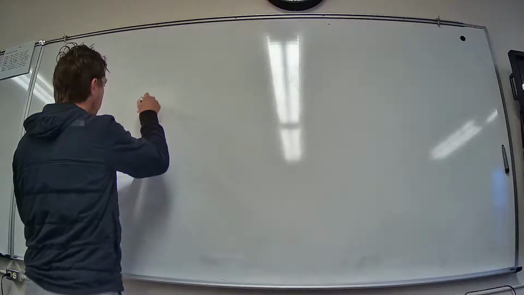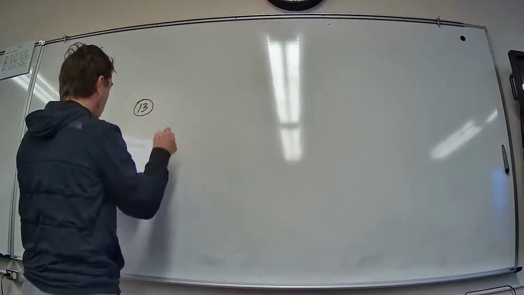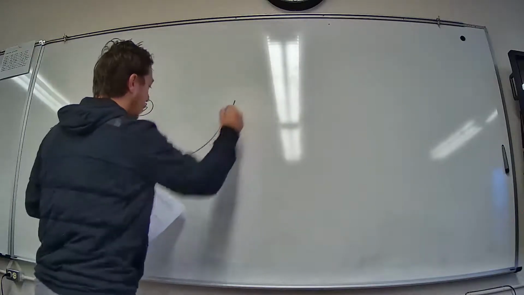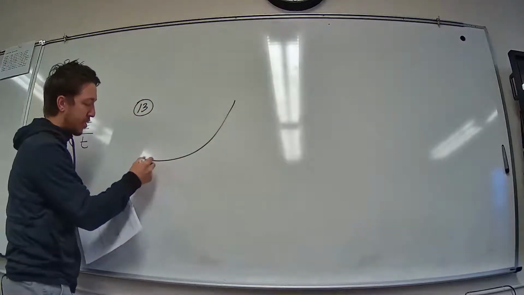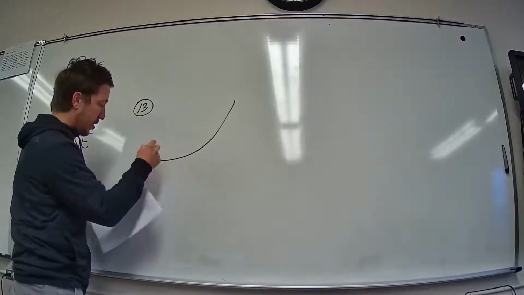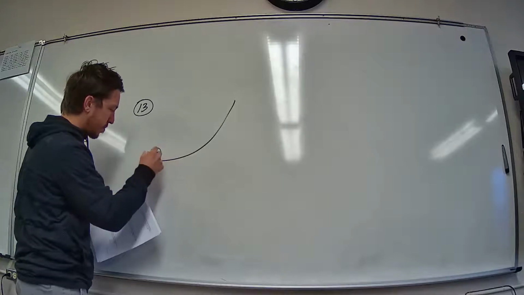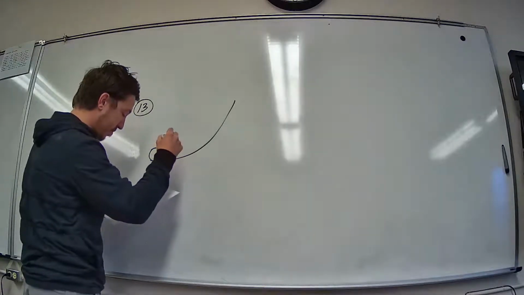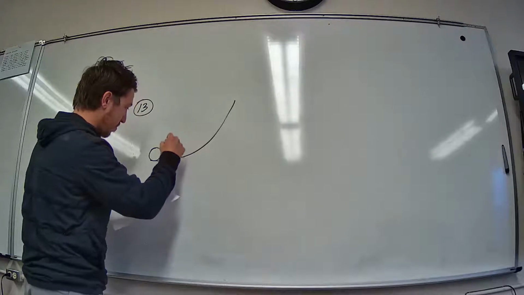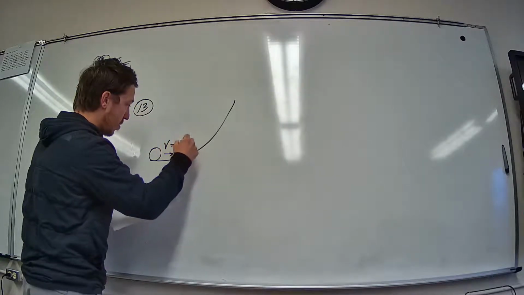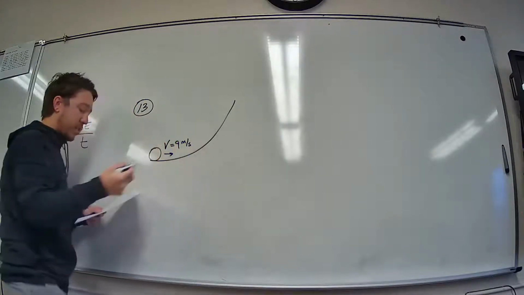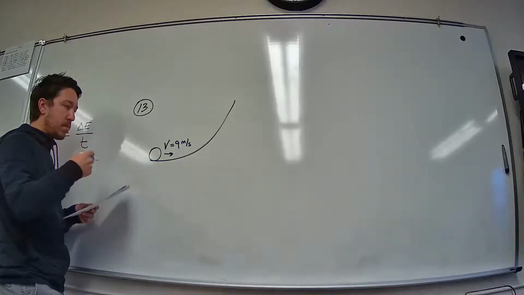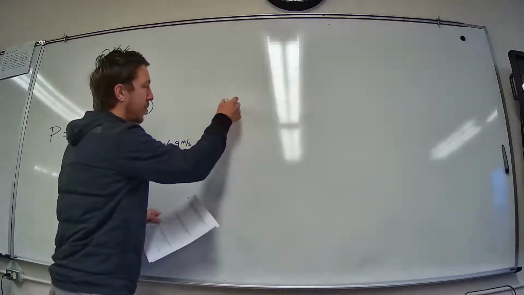For 13, we won't solve the whole problem, but we'll set it up. This thing is rolling with some velocity, and the question is, how high will this ball go up the ramp?